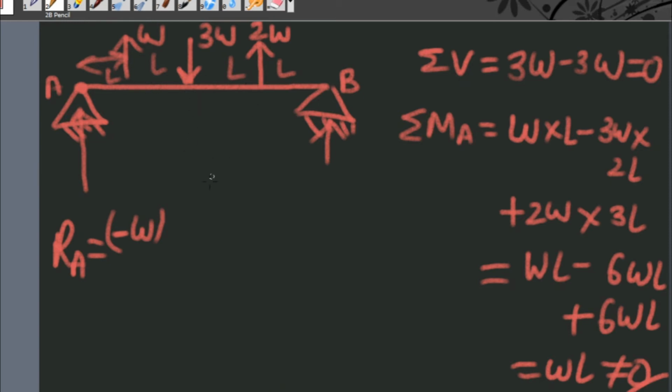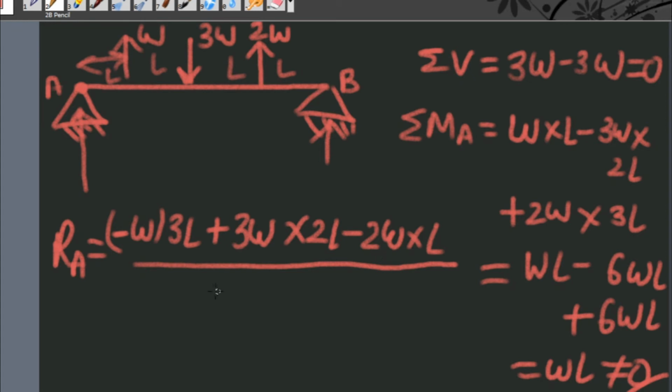So what will it be? 3W is opposite to the direction we have assumed, so it will be 3W into the remaining distance from the other point, 2L, minus, because it is in the same direction, 2W into the remaining distance L, divided by the length of the span, which is L plus L plus L plus L, that is equal to 4L.